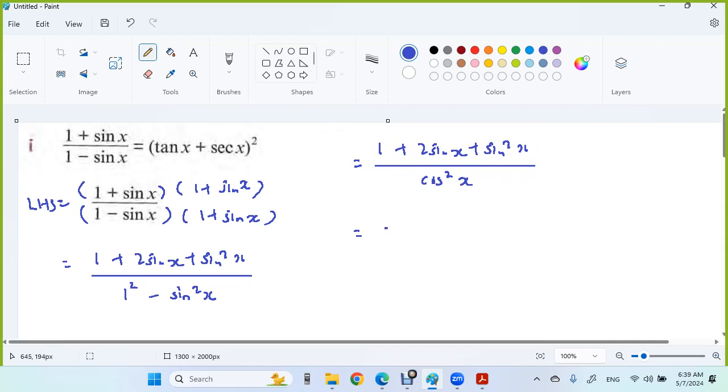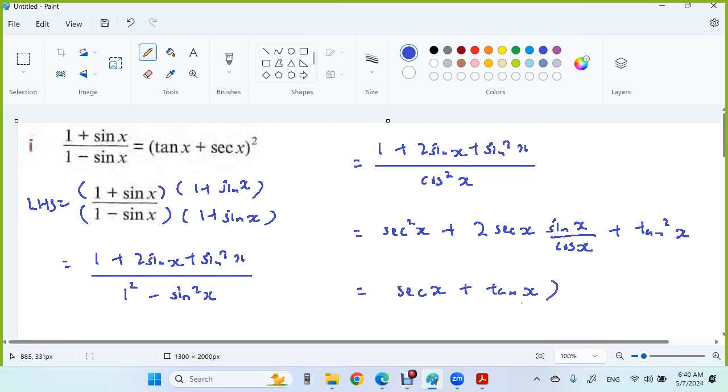Then it will become the secant square x plus 2 secant x tangent x plus tangent square x. Then this is the secant x plus tangent x square.